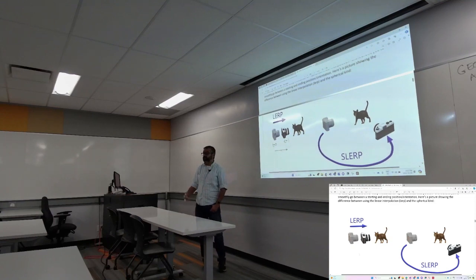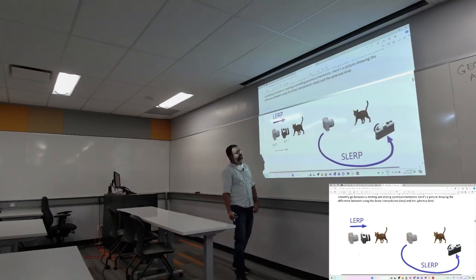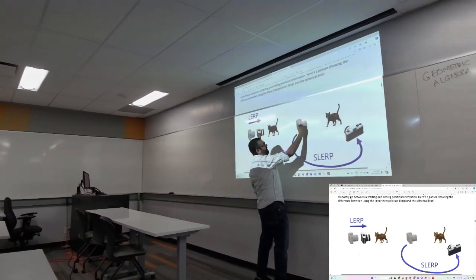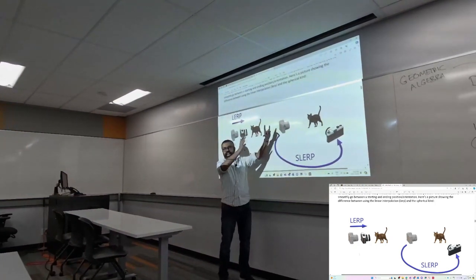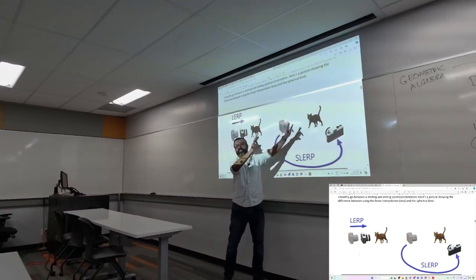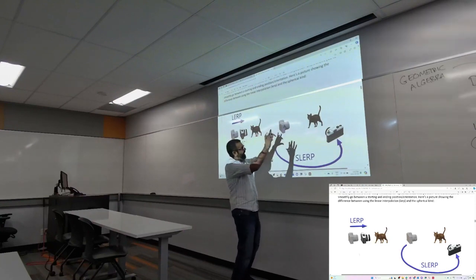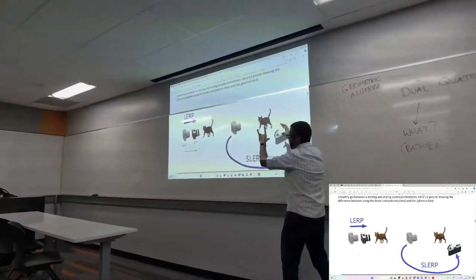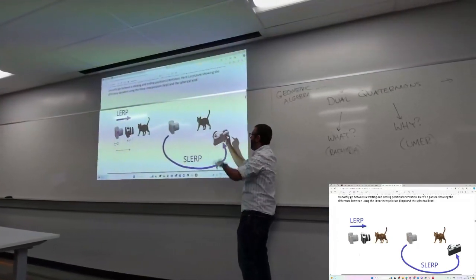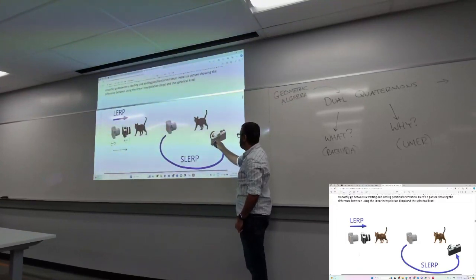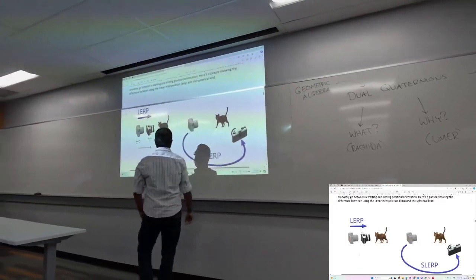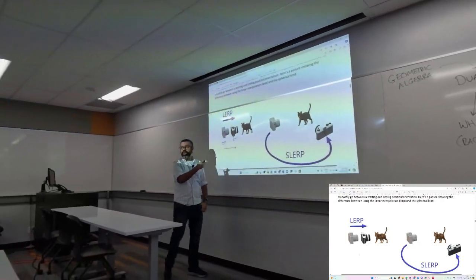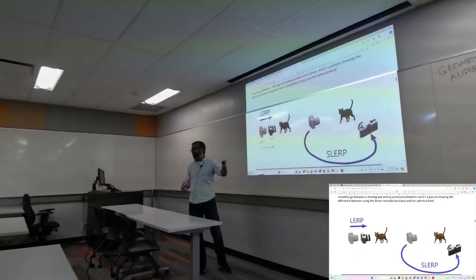Now with dual quaternions, we can do the same thing. We can start in that position, and now we're not just going to translate, we're going to translate and rotate. We'll end up with a different shot of the cat. And the cool thing is, it's going to work very similar to the regular Lerp.